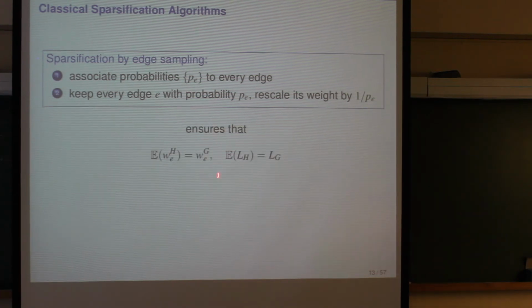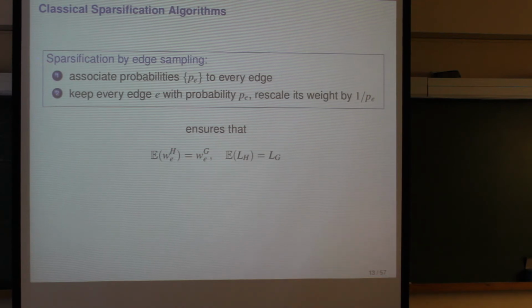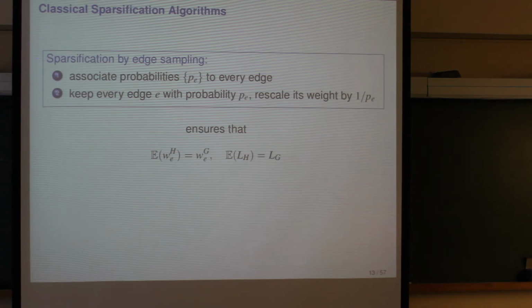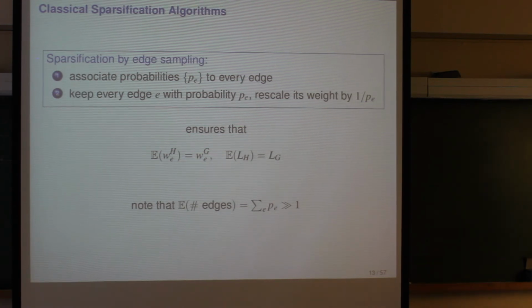That's to ensure that the expected weight of every edge remains the same. The expected weight of a certain edge in H just equals its weight in G, and you can say the same thing if you take the element-wise expectation over the Laplacian. Note that the expected number of edges equals the sum of these PEs over all edges, and so this can be much larger than 1, right? They don't sum to 1.